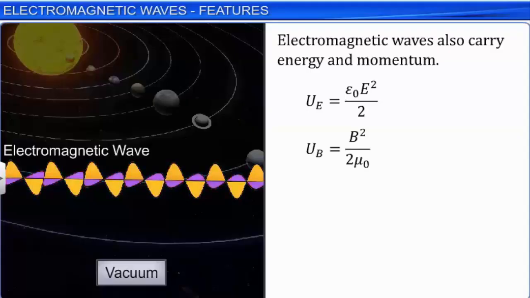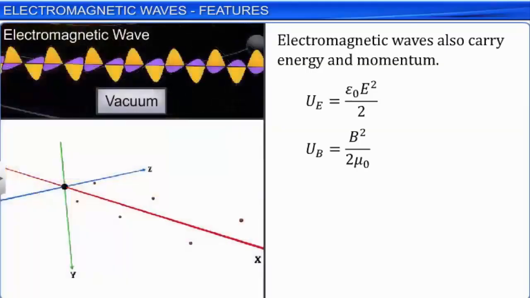As an electromagnetic wave is a combination of electric and magnetic fields, it carries energy and momentum. This presence of energy and momentum in an electromagnetic wave can be understood by considering some charges in a plane which are perpendicular to the direction of propagation of the electromagnetic wave. The charges are set in motion by the electric and magnetic fields of the electromagnetic wave. Thus, the charges acquire energy and momentum from the electromagnetic waves.